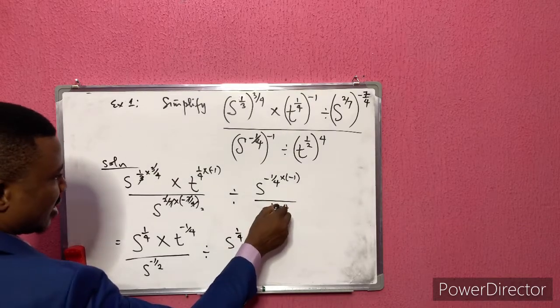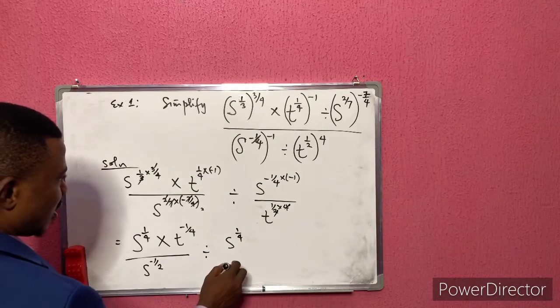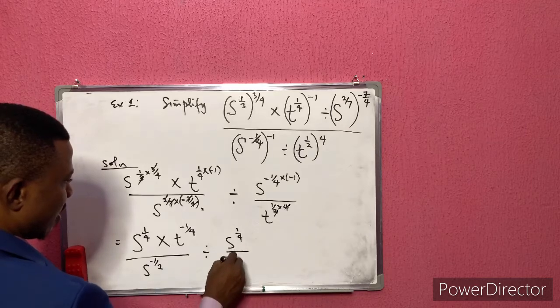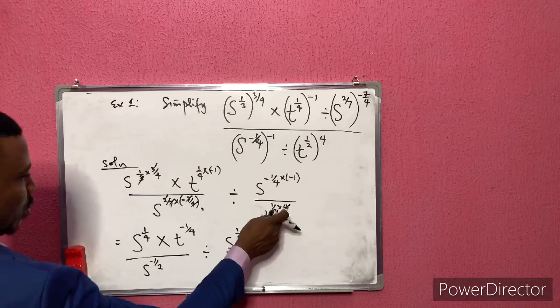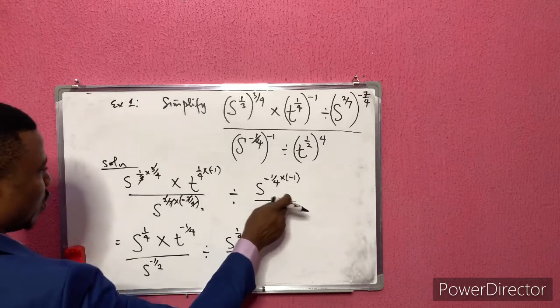This times this will give us t power 2 because 2 divided by 4 is 2. 1 times 2 is 2.